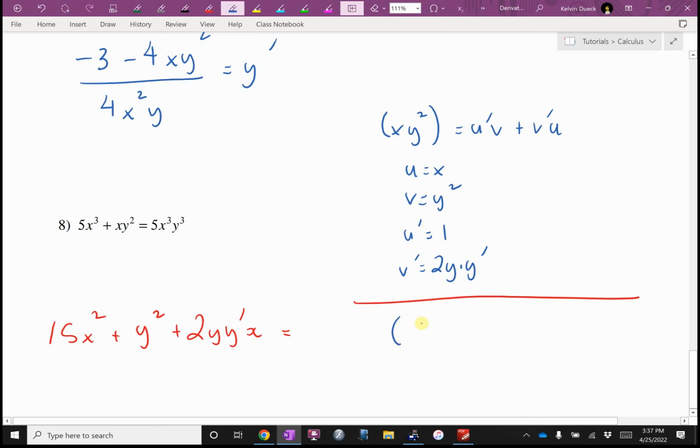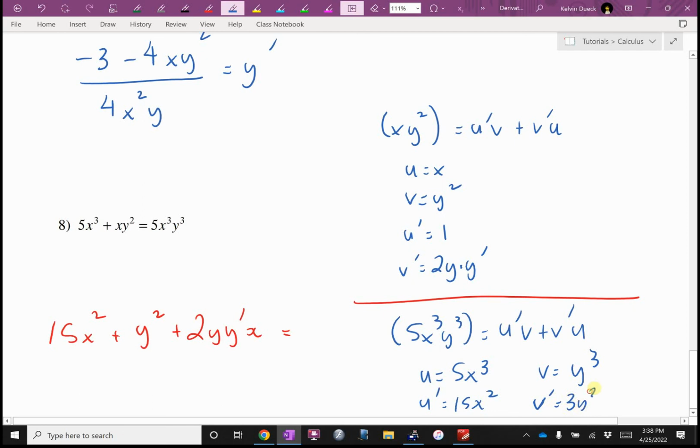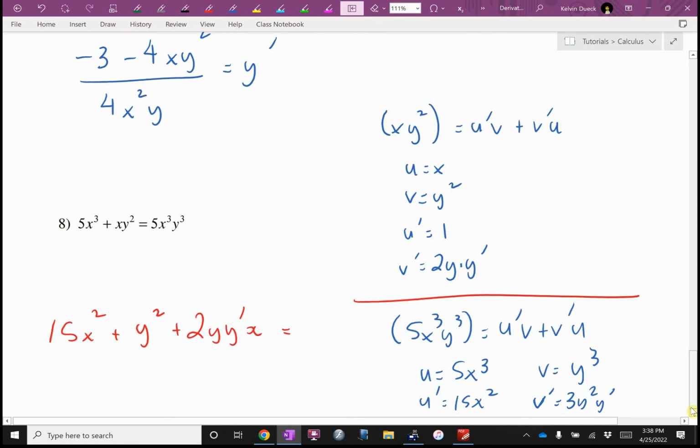The derivative of 5x cubed y cubed, that's going to be u prime v plus v prime u, where this time u is 5x cubed, v is y cubed, u prime is 15x squared, v prime is 3y squared y prime. Gonna need more room.